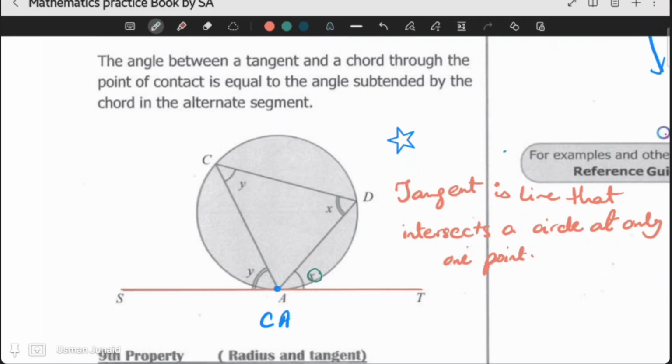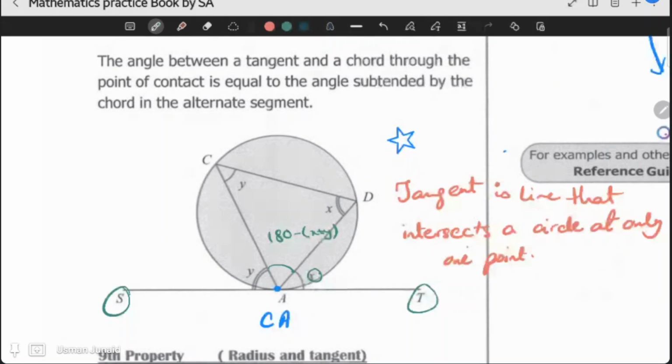Sir, I didn't get this one. हमने एस टी पे एक टेंजेंट बनाया हुआ. So this angle is equal to how much? 180 minus x plus y.